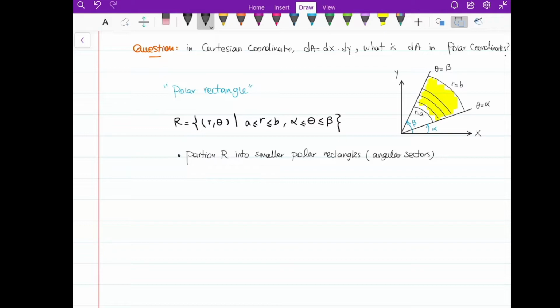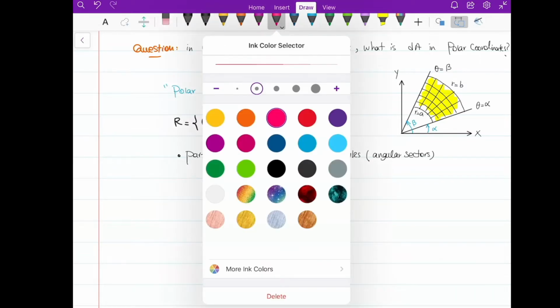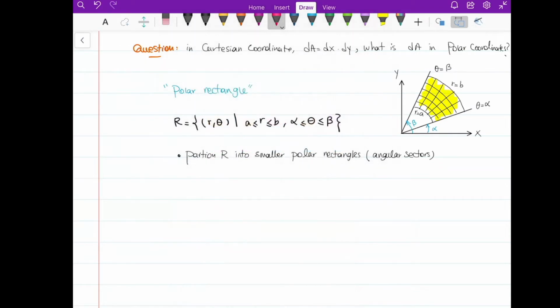You see, I'm gonna basically partition it into different r's and also different theta's. Let me emphasize that this part inside the red area would be my polar rectangle, and I partition it into angular sectors as before.